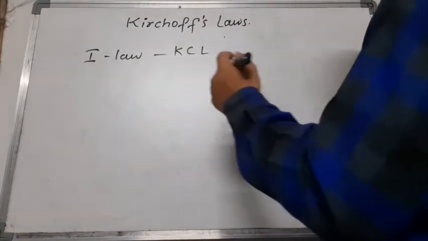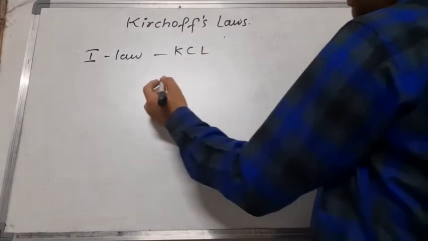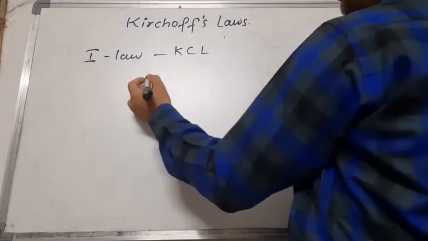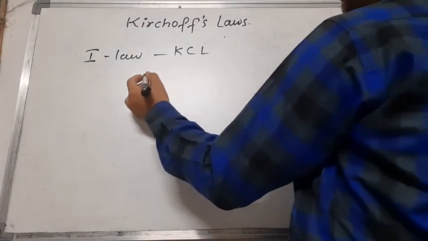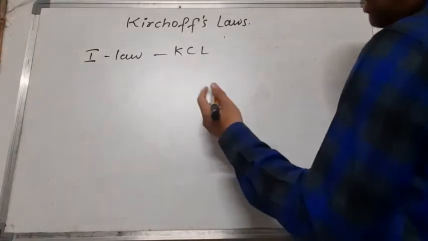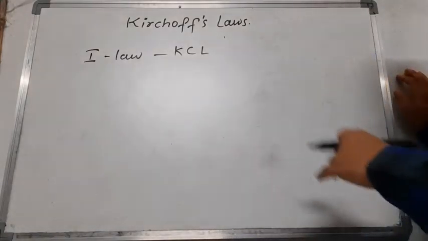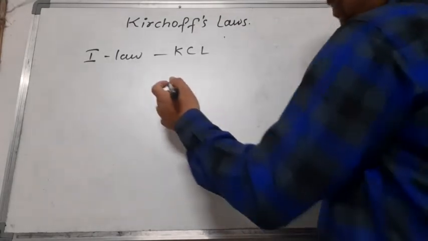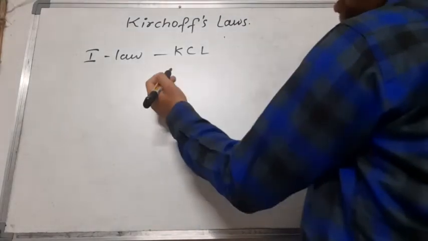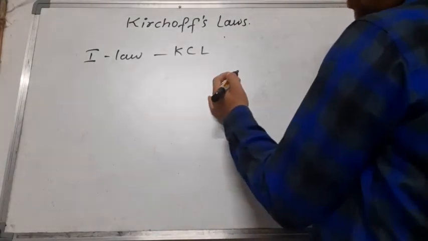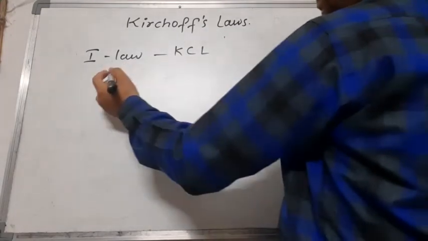It states that the sum of currents entering the junction must be equal to the sum of the currents leaving the junction, or the algebraic sum of currents is 0 at any junction.